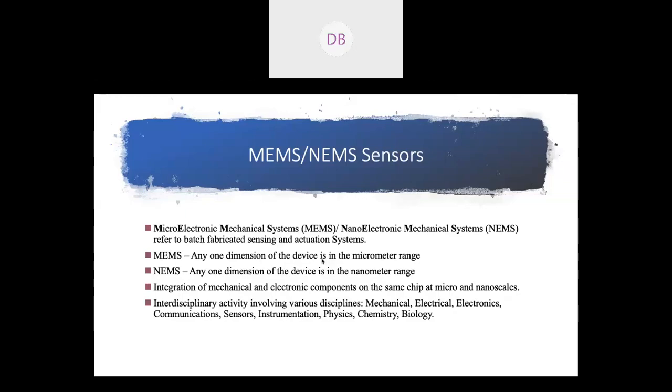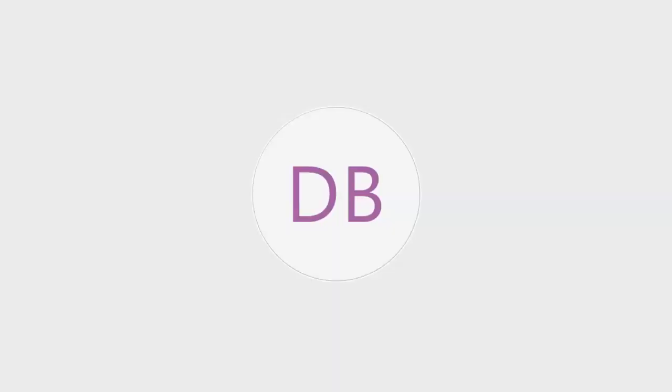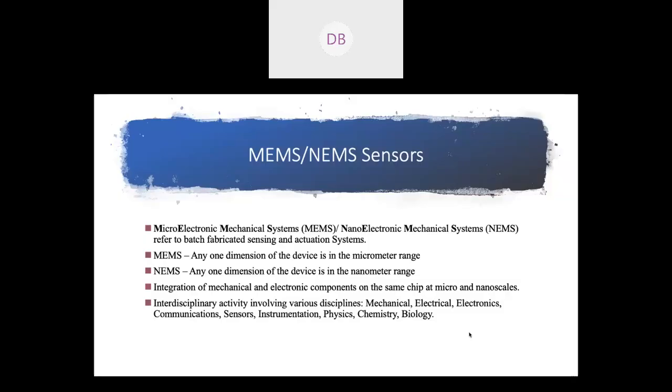Then people thought, why can't we reduce the size of the sensors also, and why can't we use the same IC technology that is being used for developing the small scale circuits, or your integrated circuits, for developing sensors also. So that is where the concept of MEMS came from. And if you see, most of the technologies that are used for fabricating the MEMS sensors are very much similar to the fabrication process of a VLSI circuit, a very large scale integrated circuit.